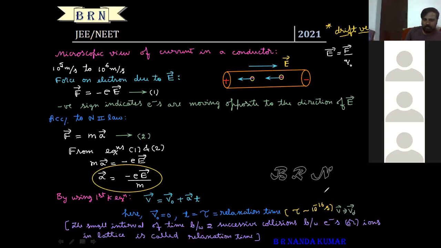Now if we substitute all this into the equation, vd vector is equal to a vector into tau, where tau is called relaxation time, the small interval of time between two successive collisions between electrons or ions in the lattice.